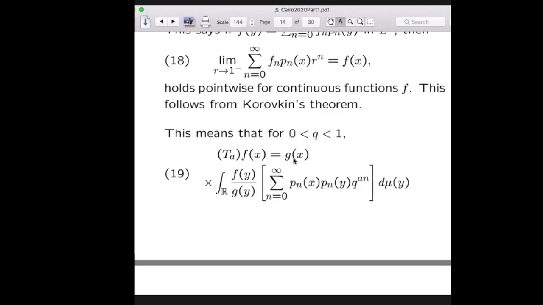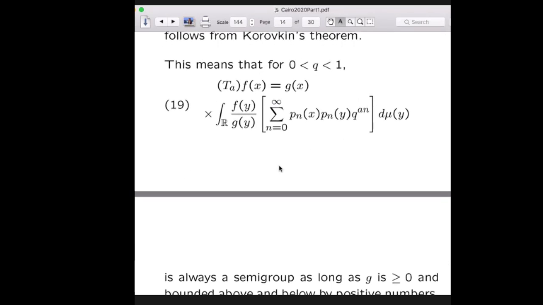But g is supposed to be a function which is bounded and positive, bounded below by a positive number where this is supported. And the point is that if I do it this way, I get something more general, and it's also much more convenient. Of course, you can always take g equal 1, but I don't want to do that. So this is our idea, to introduce this thing and divide by that.